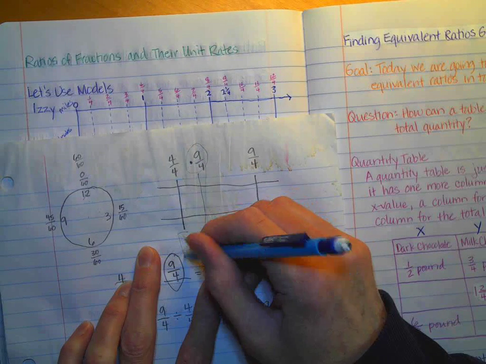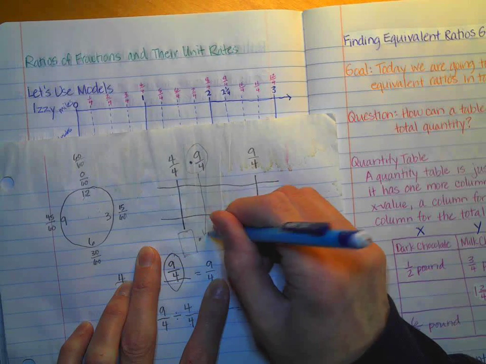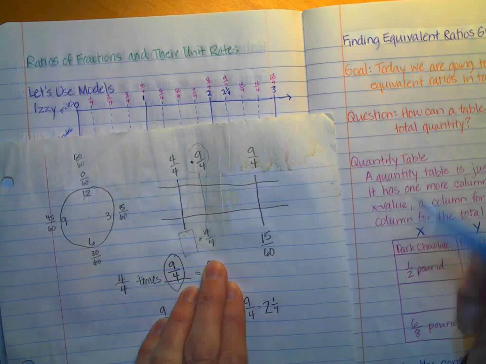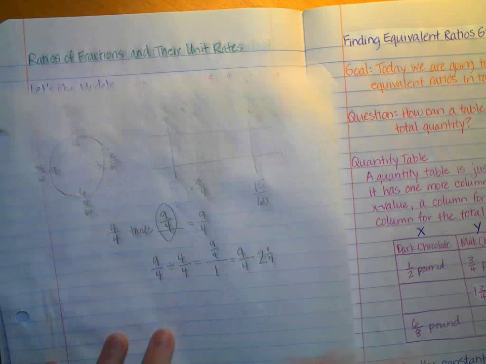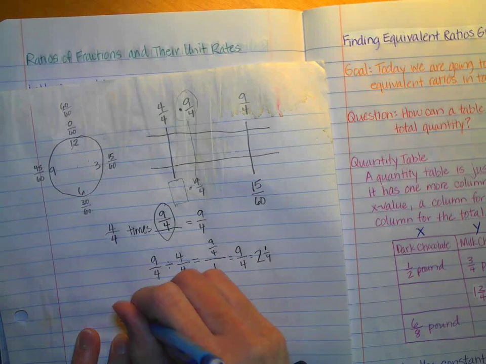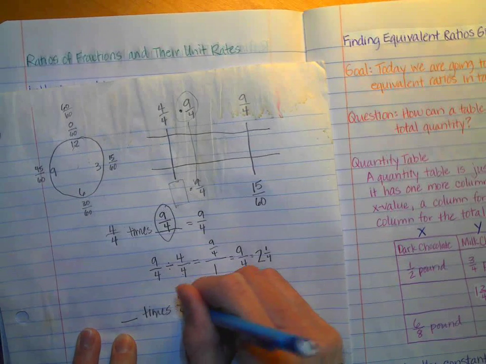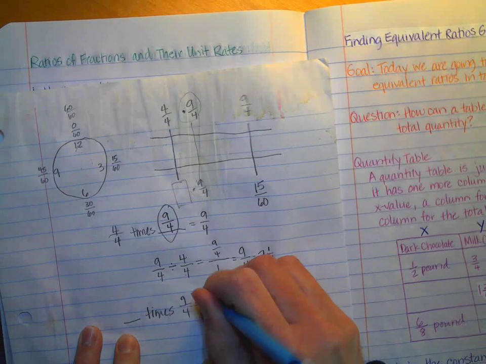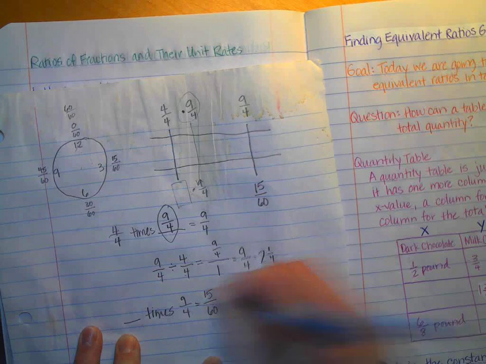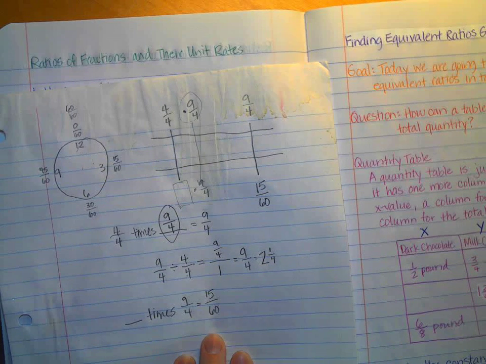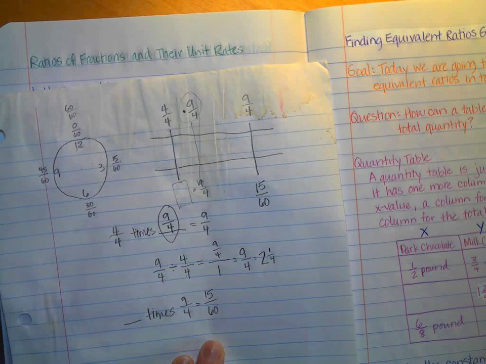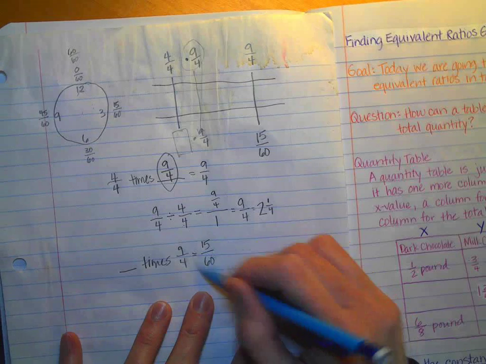Well, what you do to one side, you have to do to the other. But we don't know what's right here, do we? But we do know that we have to multiply it by 9/4. So same thing. The question is, what number times 9/4 gives me an answer of 15/60? And I don't know. I have no idea.